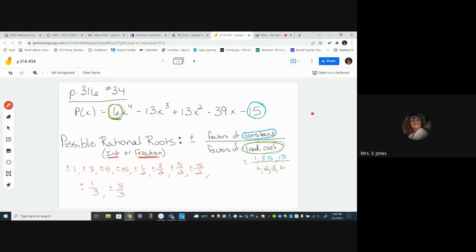So 3 is finished. Now we're going to move to the 6. So we're going to do the 1 over 6, 3 over 6, 5 over 6, and 15 over 6. So 1 over 6. Now, the 3 over 6 is really just 1/2. But I already have 1/2, so I don't need to do those again.